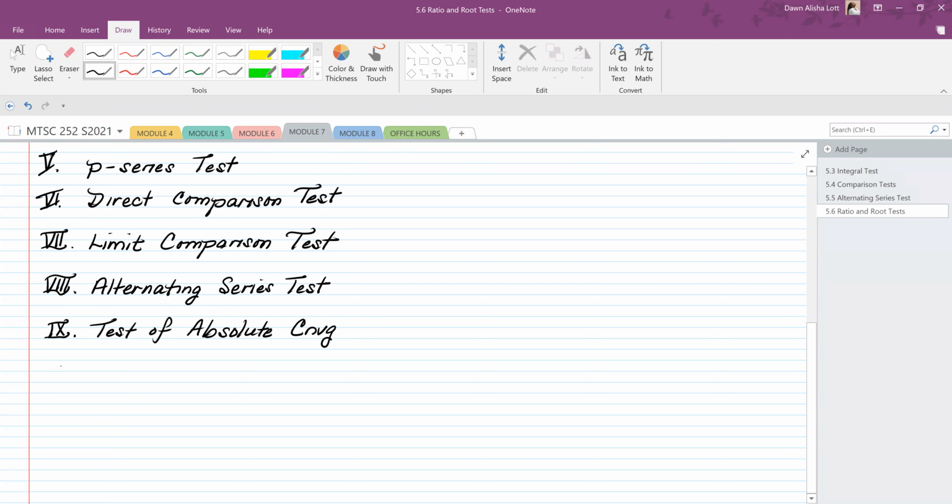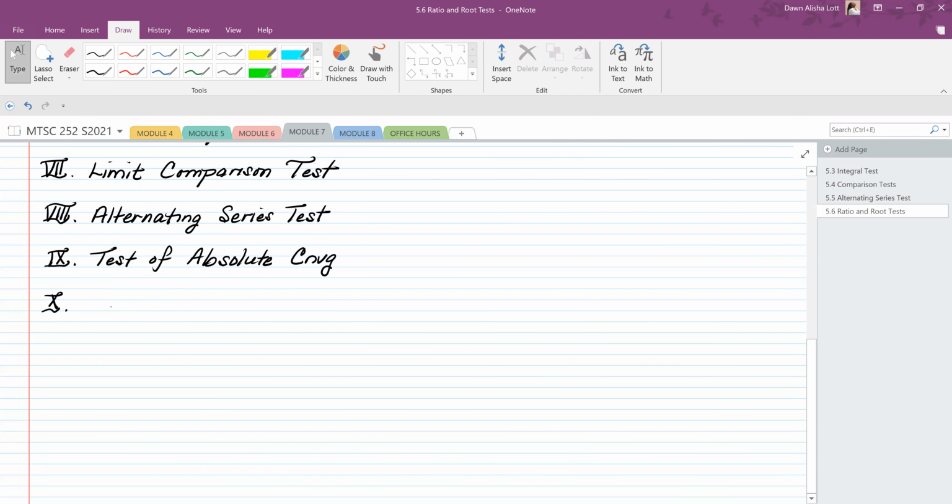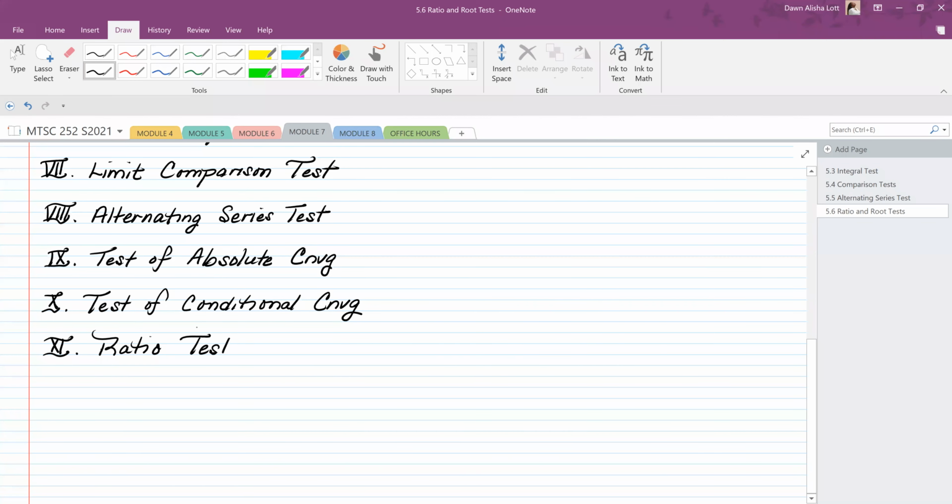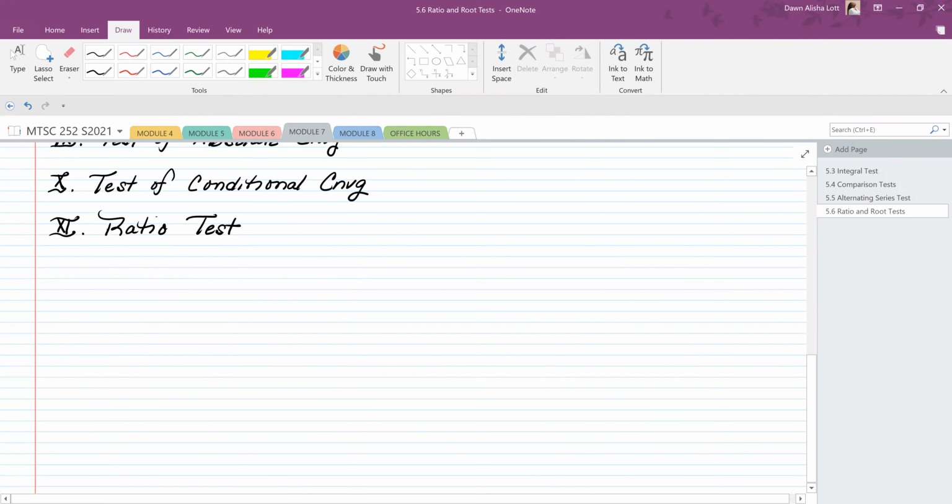And then the 10th test was the test for conditional convergence. And then now we're at the 11th test. It's the ratio test. So that's where we are today.